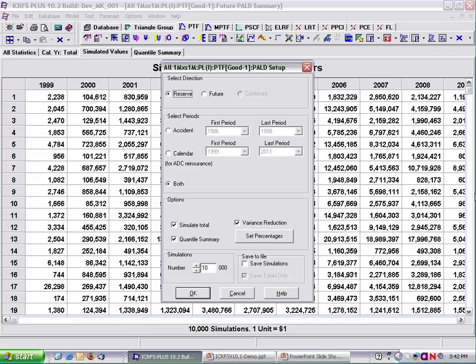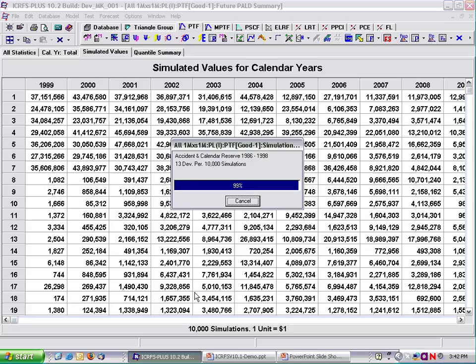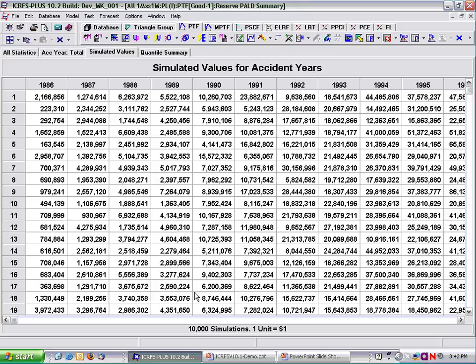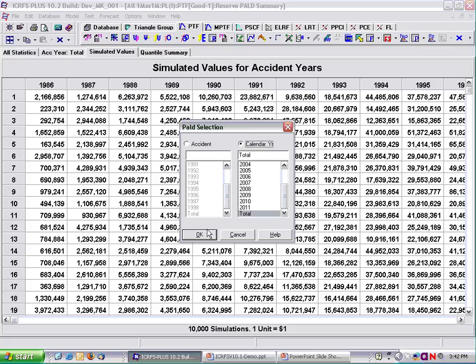Now, when we do 1 million simulations, we're also going to create somewhere between, I don't know, 50 to 150 tables, displays, graphs, whatever, and let's do that. So that takes about 0.7 of a second, and these are the simulated values by accident year. These are the simulated values by calendar year.